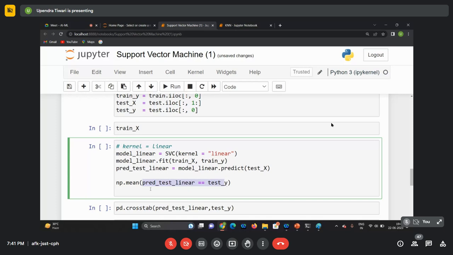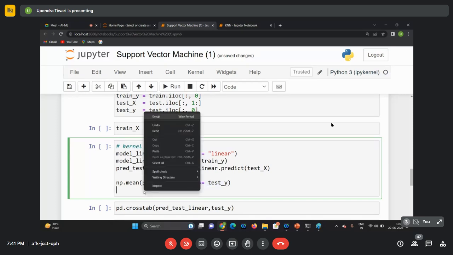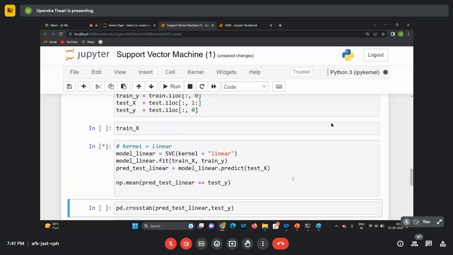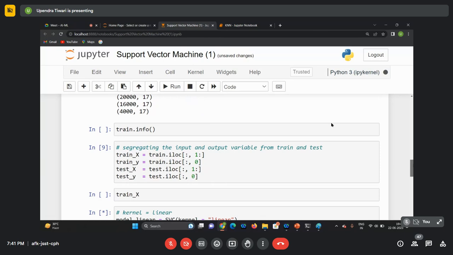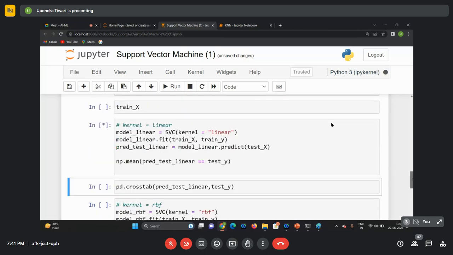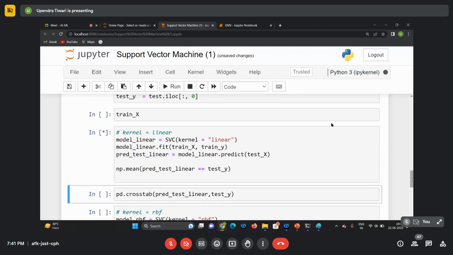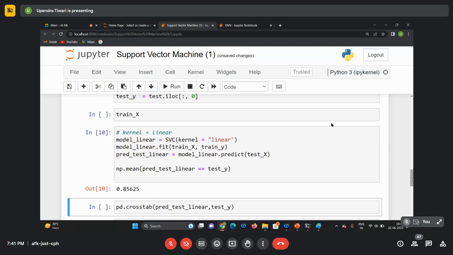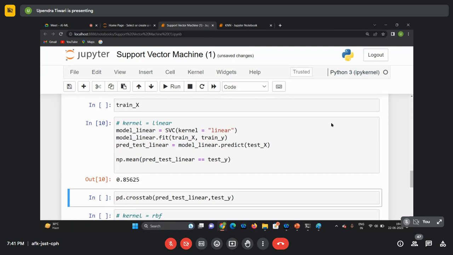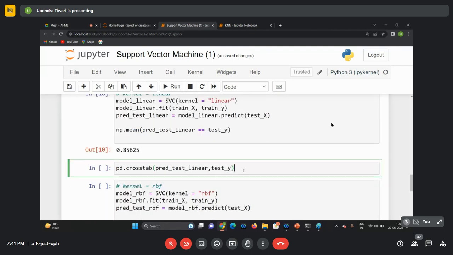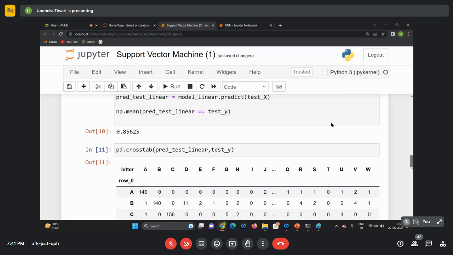So we find those and take the mean of it. Okay, so you see the test accuracy is 85.625. Even if you want to check the confusion matrix, it is a confusion matrix of multi-classes.